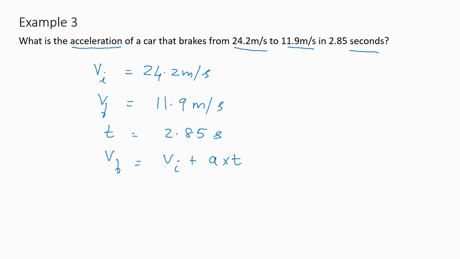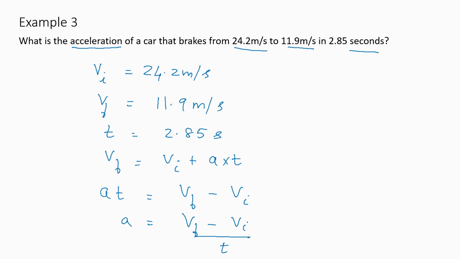So substituting the variables in the given equation, we can find acceleration. So on rearranging, we get A t is equal to Vf minus Vi, and A is equal to Vf minus Vi divided by t.